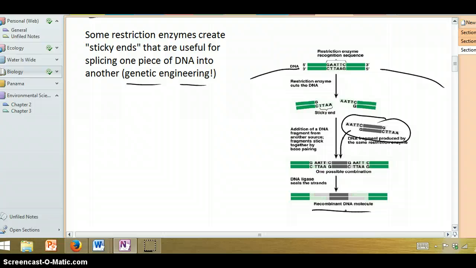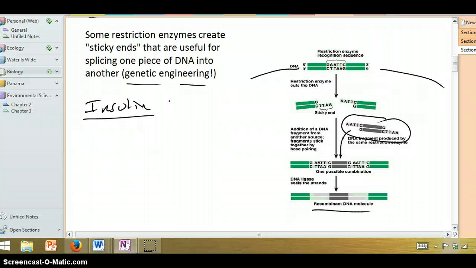I'll give you a good example here. So insulin, you've probably heard of that. It's a protein that is used to control blood sugar levels in mammals. And people who are diabetic, the gene that's responsible for making this protein is defective in some way, and so they may not make enough of it, or the insulin they make is not quite working right, and so they often have to get insulin shots.